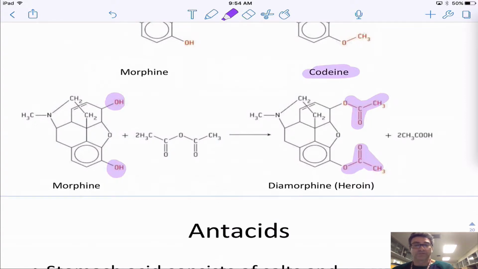But it's very cheap to manufacture. And so what ends up happening is heroin and other prescription narcotics like codeine are laced with this very dangerous form when the drugs are made and distributed illegally, like heroin or some prescription pills that are made illegally, and they can kill the user.